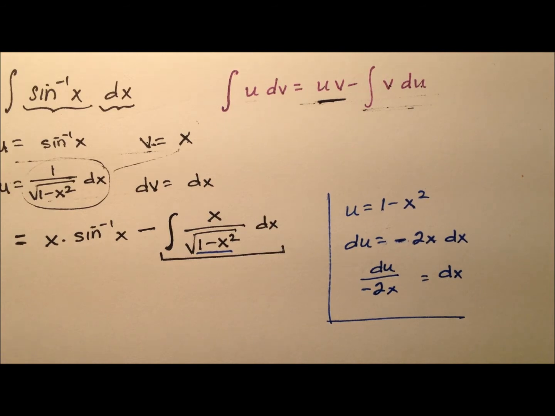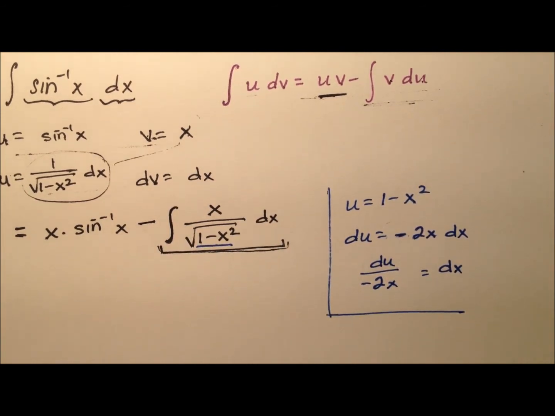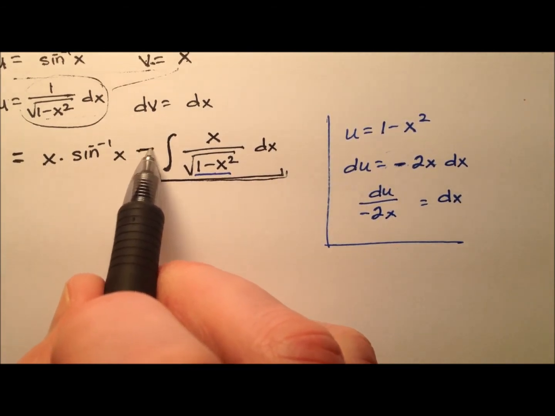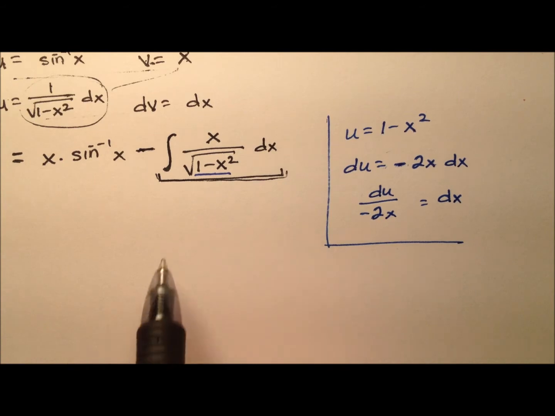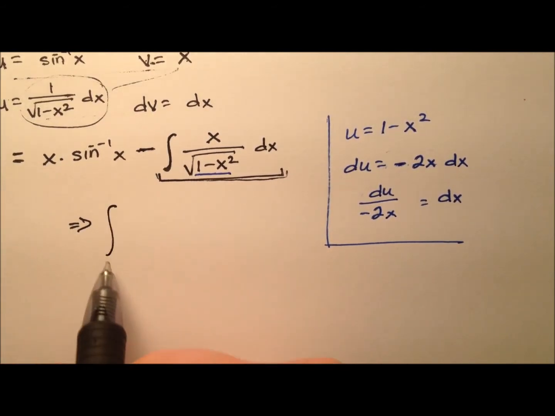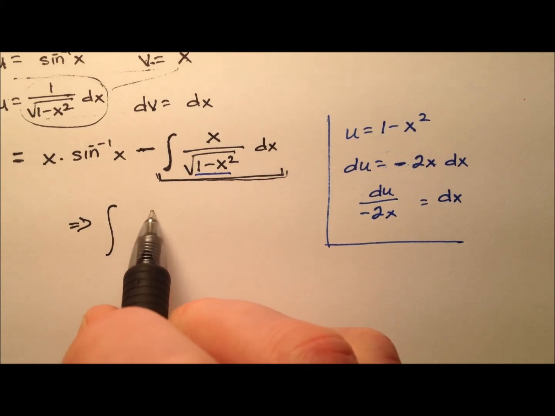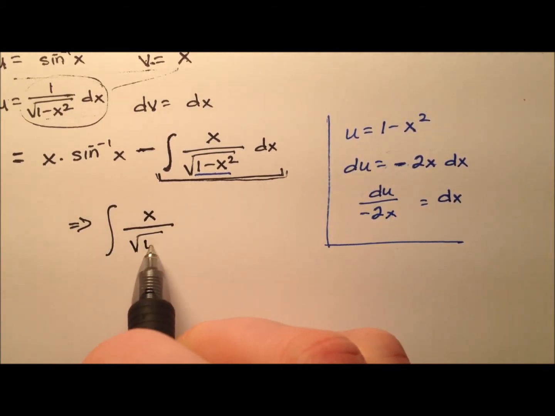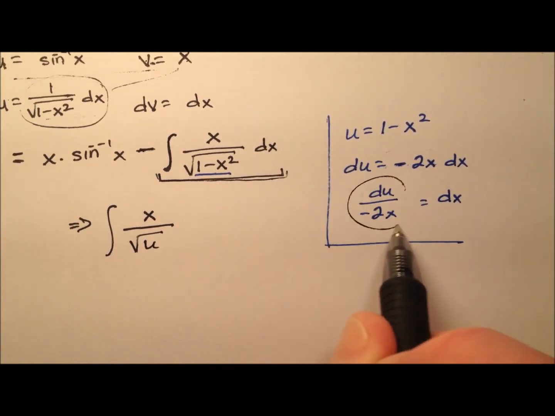Okay? So now let's go ahead and rewrite this integral using my u terms that I have. And I'm going to ignore this negative for a second, and I'll come back to it afterwards. So we have now, for this integral, the integral of, and so let's go ahead and put the x right there over the square root of, well, u. And then the dx, let's go ahead and substitute this.